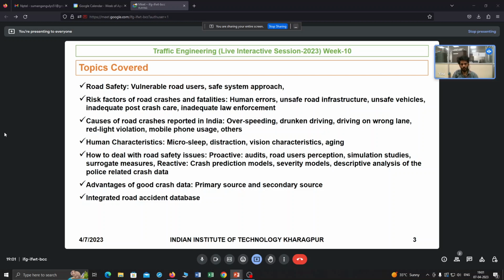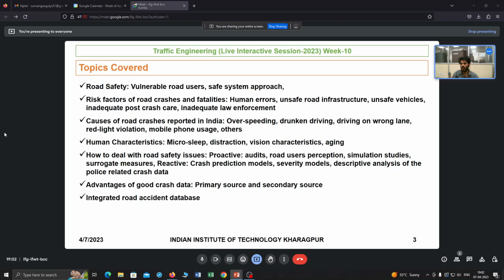Then we can also use some kind of road user perception survey to deal with road safety issues. For example, we can take a survey of truck drivers, who are maybe more involved in accidents, and ask what things are impacting road accidents.